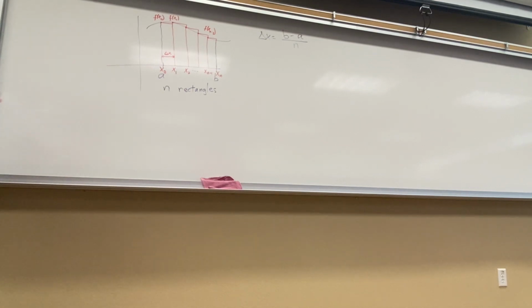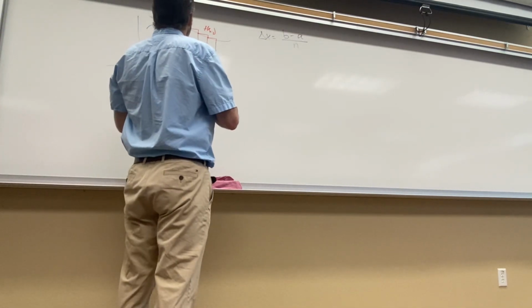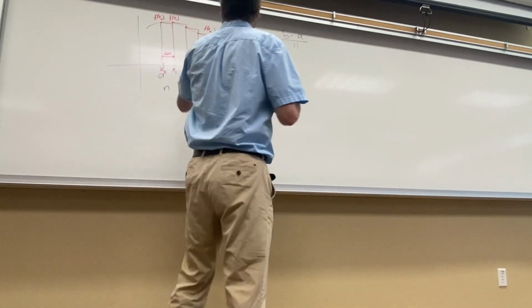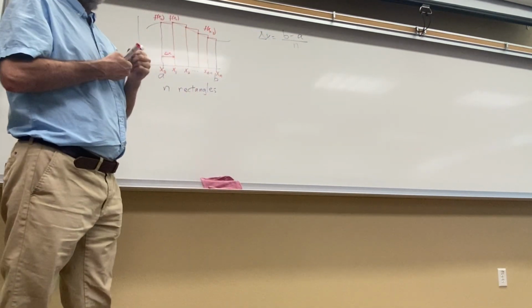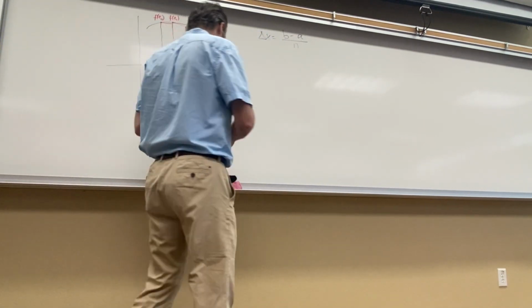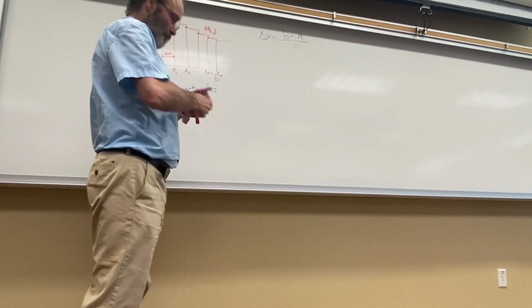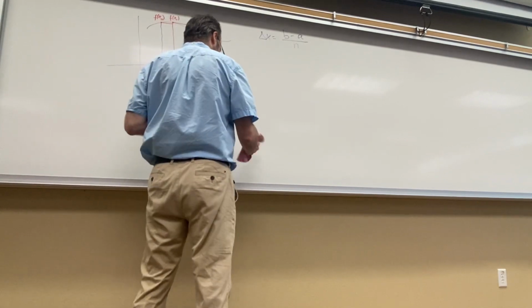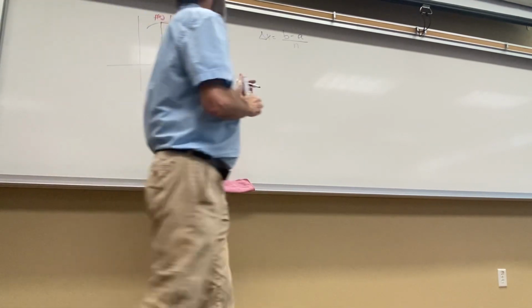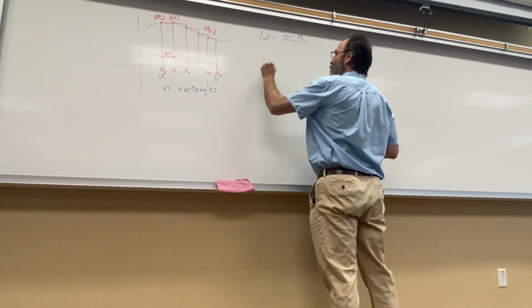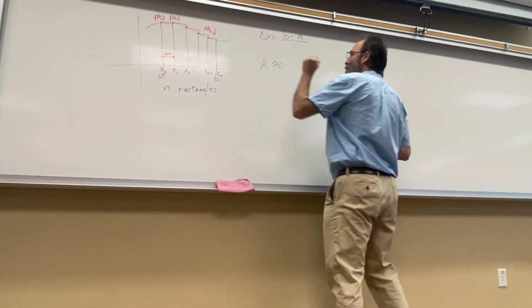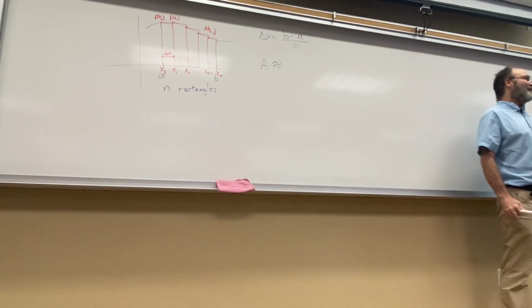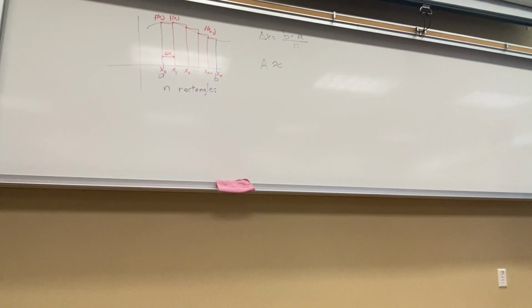And now we want to find the total area of all of this. So our area, when you make a wavy equal sign like that, it means approximately equal to.